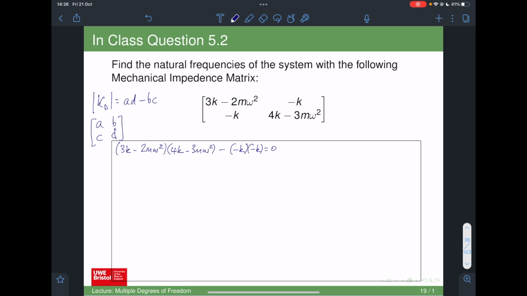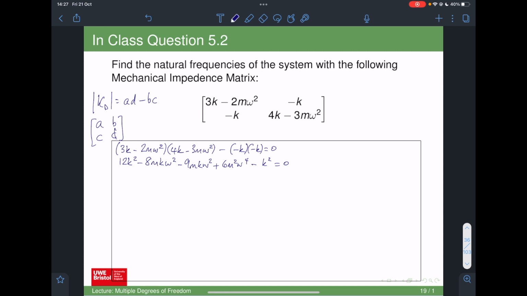And then we've got 4 times 3, that's 12k squared. We've got minus, what do we got? Let's go for minus 8 mk omega squared, minus 9 mk omega squared, okay, and then we've got plus 6 m squared omega to the power 4, okay, minus k squared equals 0.